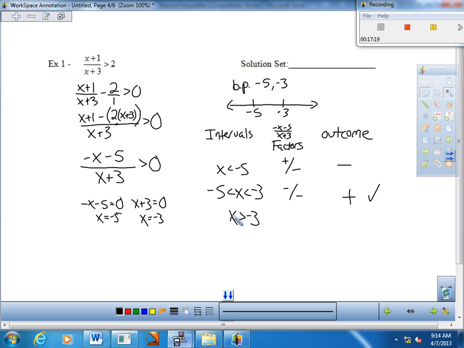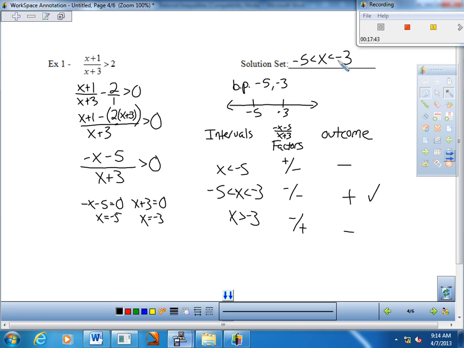Cool. Let's pick something bigger than -3. 0 works great. 0 minus 5, negative. 0 plus 3, positive. Negative over positive is negative. And now you can see exactly how this plays out. It's just so nice of a process because I've already laid out everything, 99% of the work done. I just have to interpret. And there's our solution set right there.